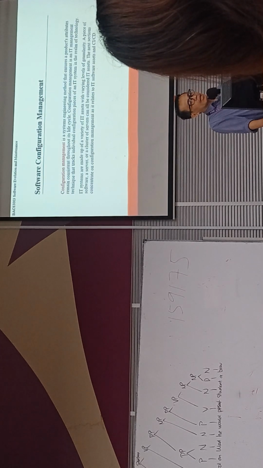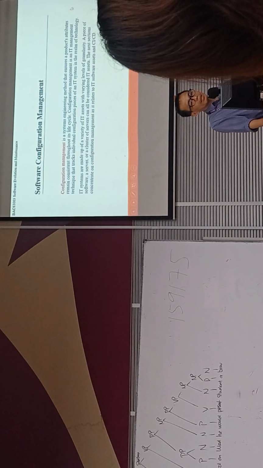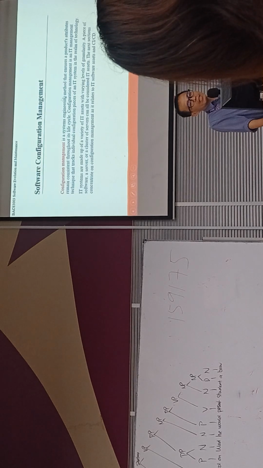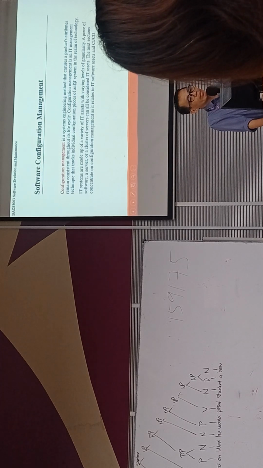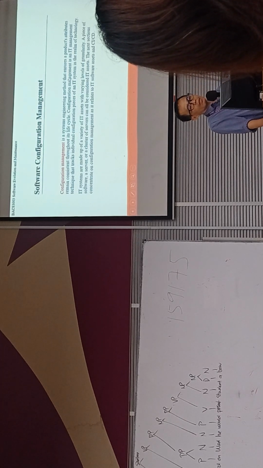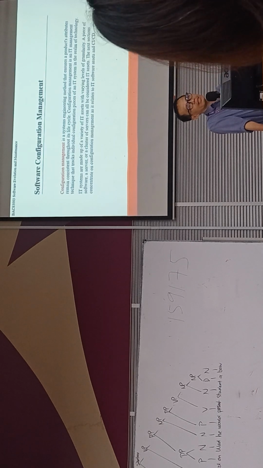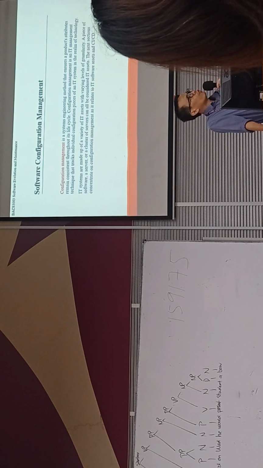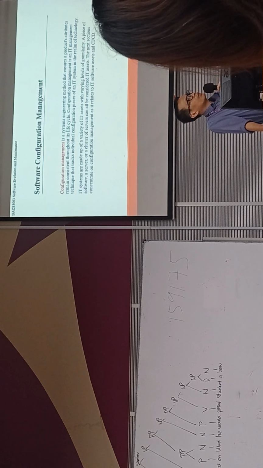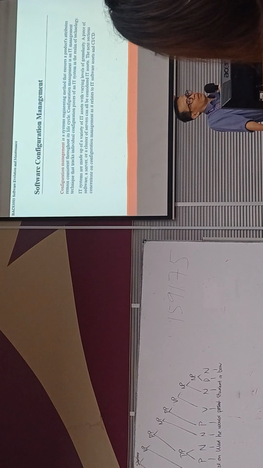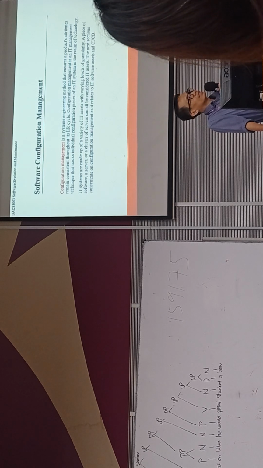Now this is a more detailed definition or explanation of configuration management. It is a system engineering method that ensures a product's attributes remain consistent throughout its life cycle. Why? Because in configuration management, you need to make sure that all the related artifacts are consistent.